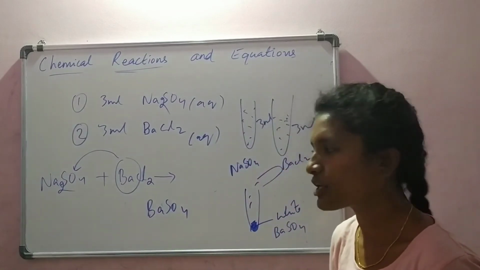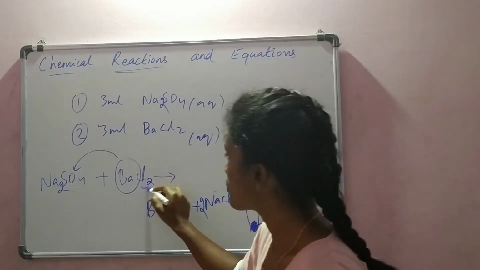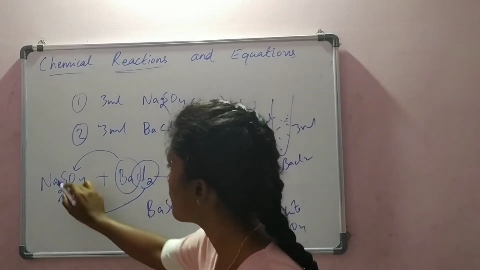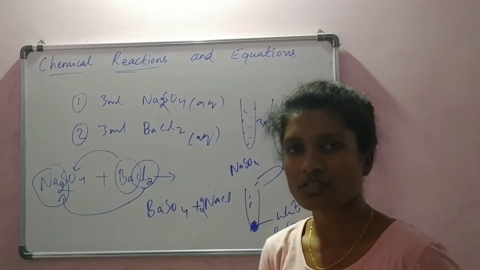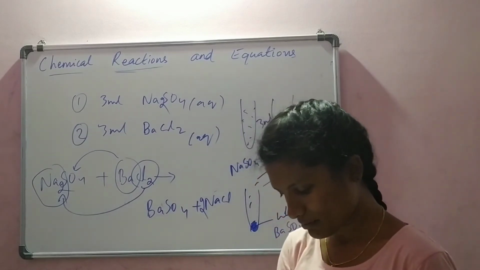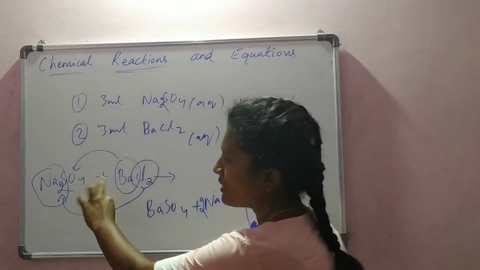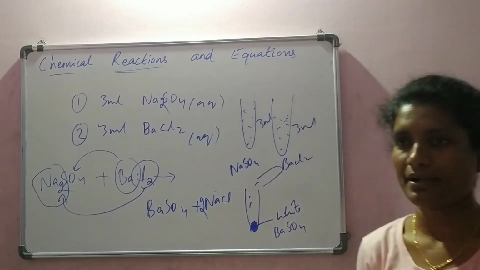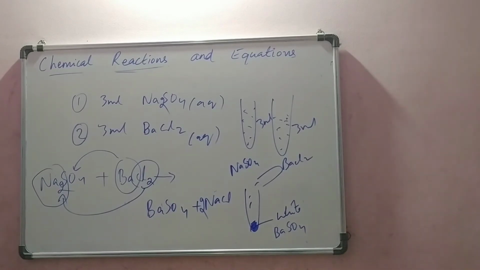What is left out? Sodium chloride is formed. The chlorine combines with sodium to form sodium chloride. Understood? So this is the product. Two types of exchange have happened. Done? So we are coming to the end of the topic.